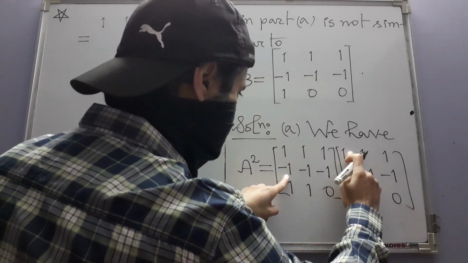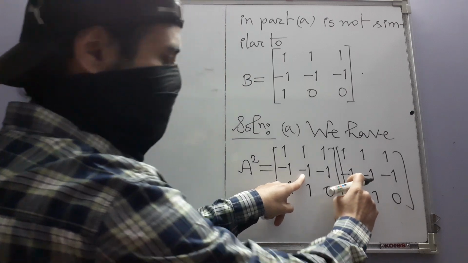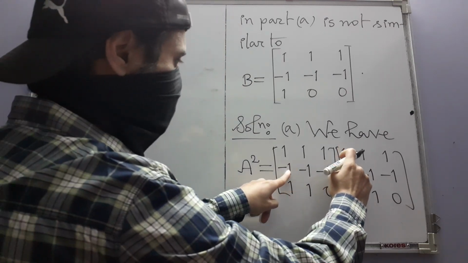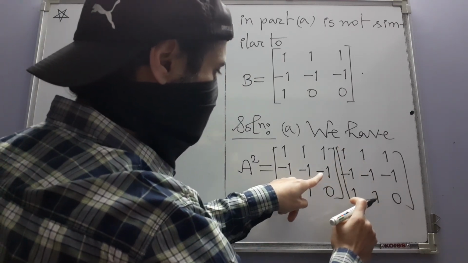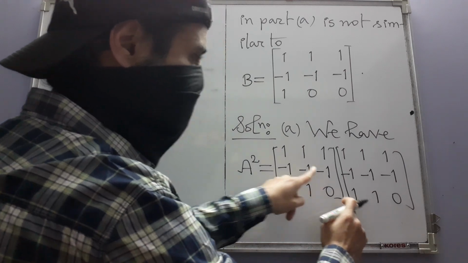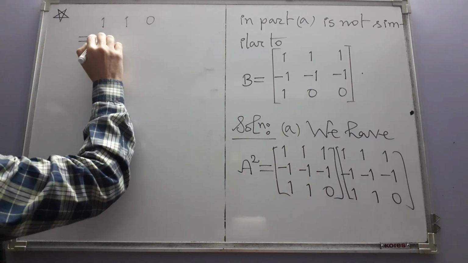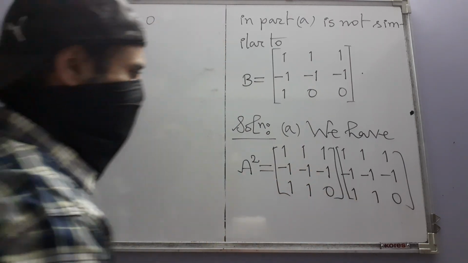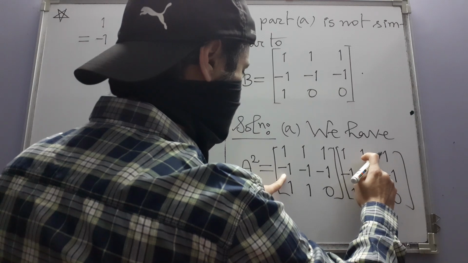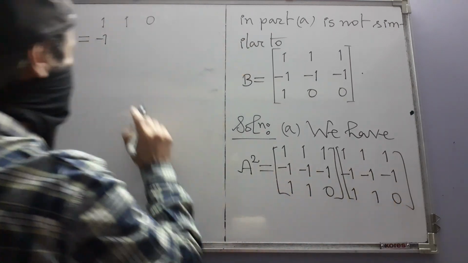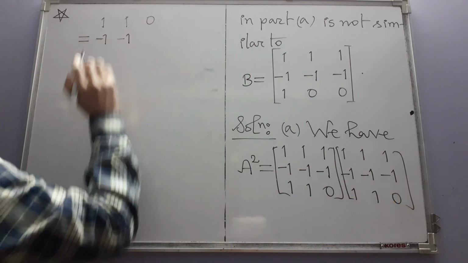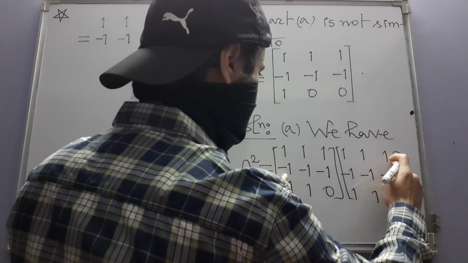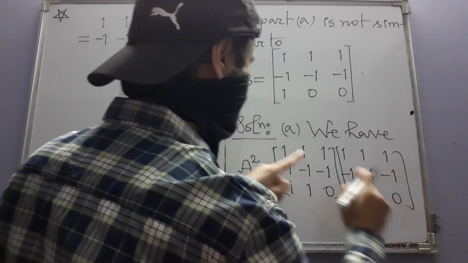Then minus 1 minus 1 give us plus 1, so minus 1 and plus 1 vanish, and minus 1 times 1 is minus 1, then minus 1 plus 1 minus 1, same. Finally minus 1 plus 1 plus 0.